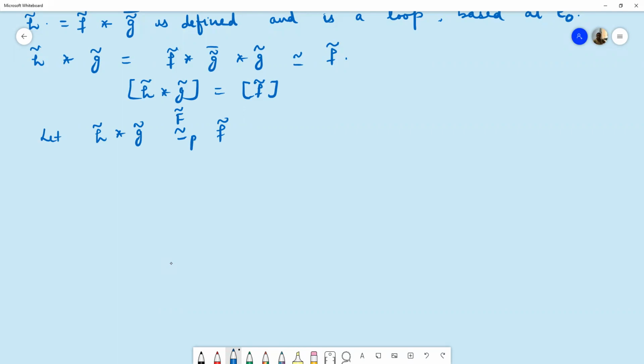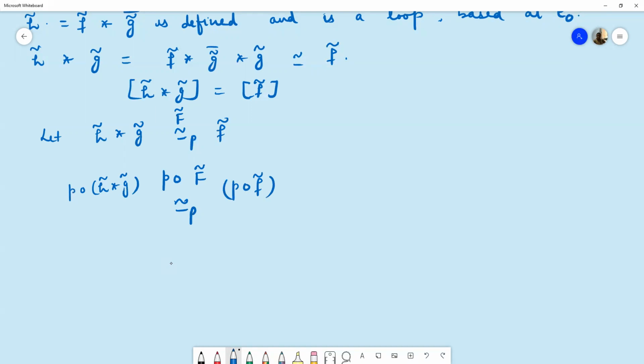Then the composition P circle F curl is a path homotopy between the paths P circle H curl star G curl and P circle F curl.